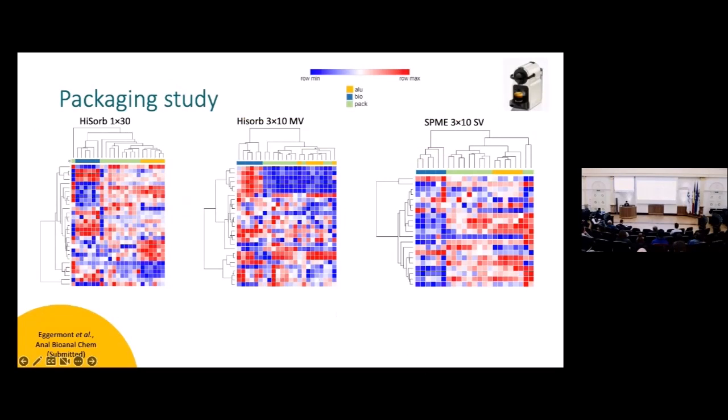The first thing that you can observe is that we obtain the same clustering ability from the different approaches. So we easily discriminate the biodegradable sample from the others.